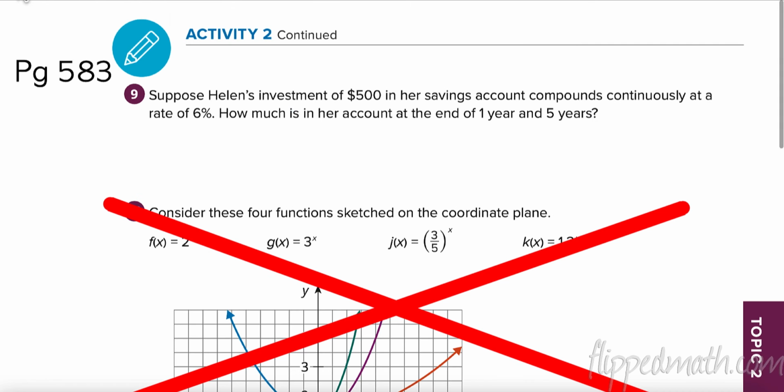All right, so on page 583, suppose Helen's investment of 500, that's our initial, compounded continuously, e, all right, at a rate of 6%, 0.06 times 1. We did find it for 1 year. And we also have to find it for 5 years. So that would be P, our principal.